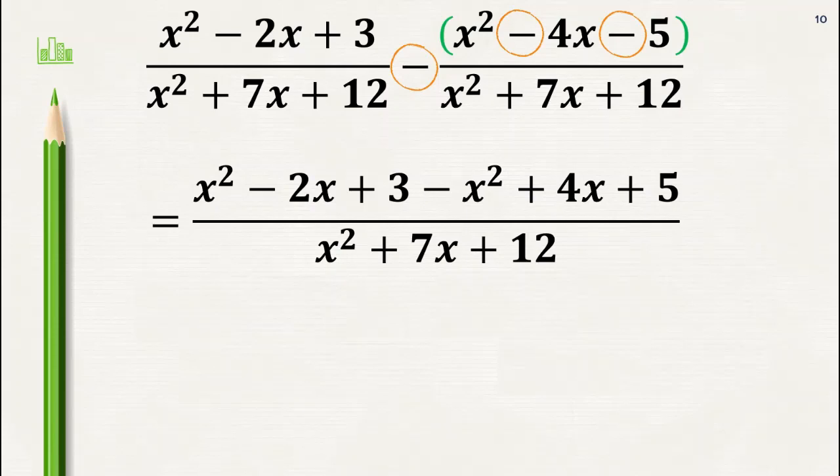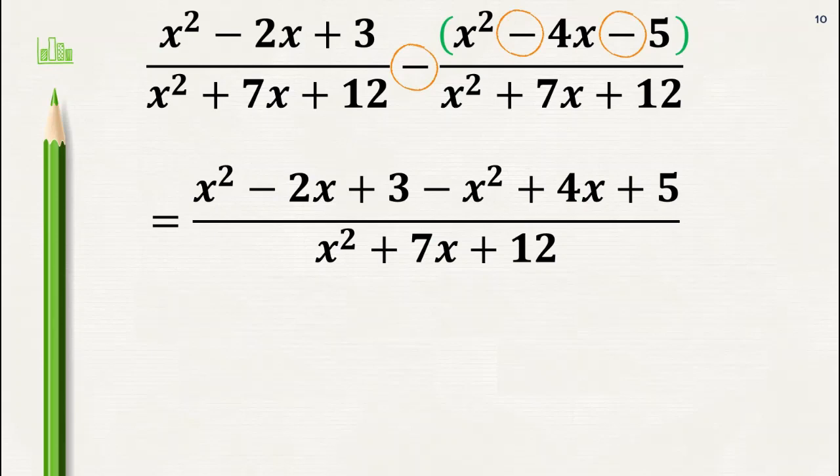Now we can simplify the numerators, add similar terms or subtract similar terms. So we have x squared and negative x squared. Since they have unlike signs, we will cancel them. Their sum or their difference is 0.